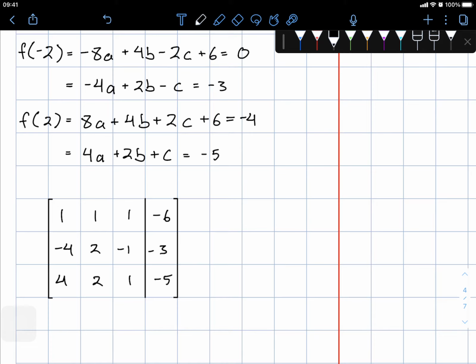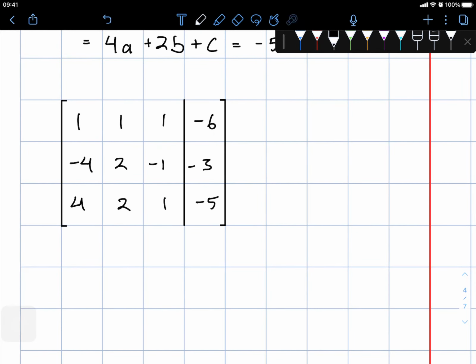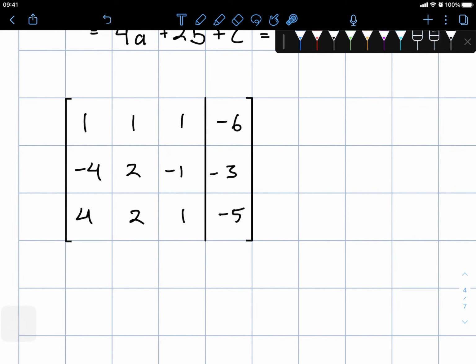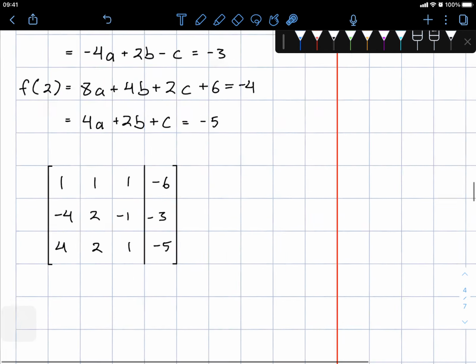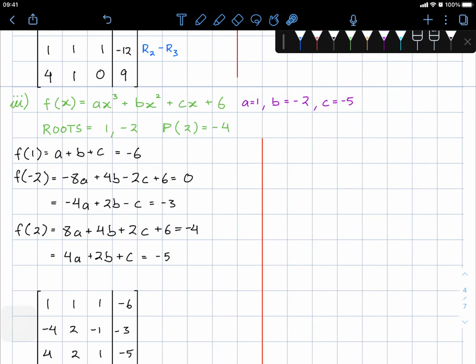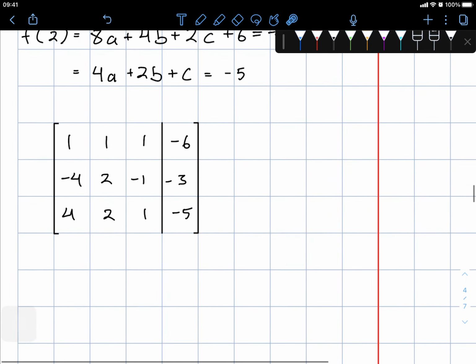Then from here, we're going to work in whichever way that we'd like to get ones into each of the columns. You can do this in whichever way you'd like. It might be different from person to person, but our final answers, no matter which path you take, should definitely be these values here. So here's one way that you might go about doing this.